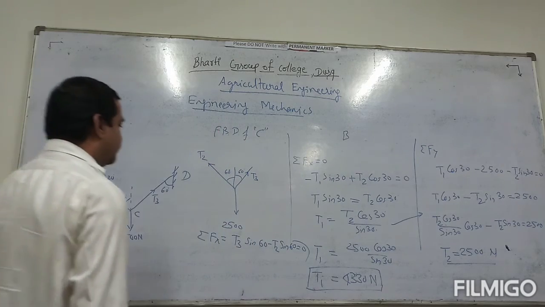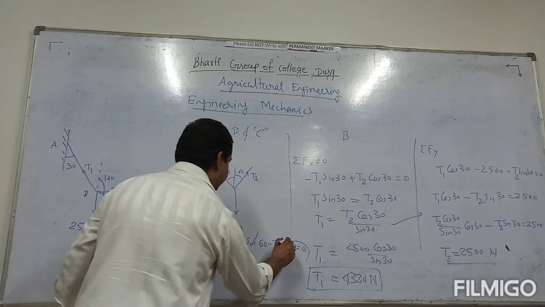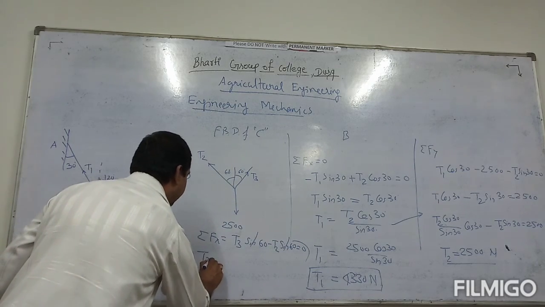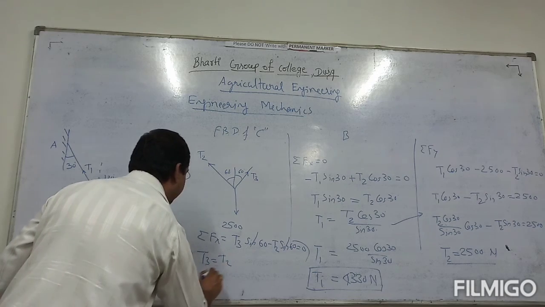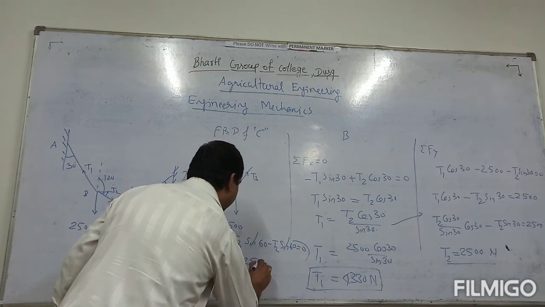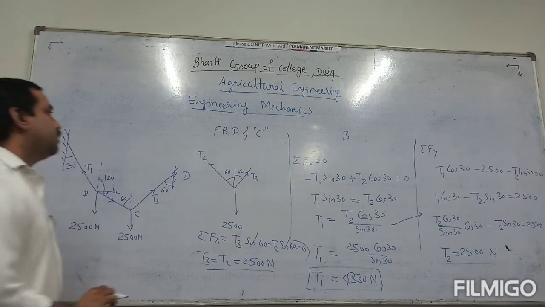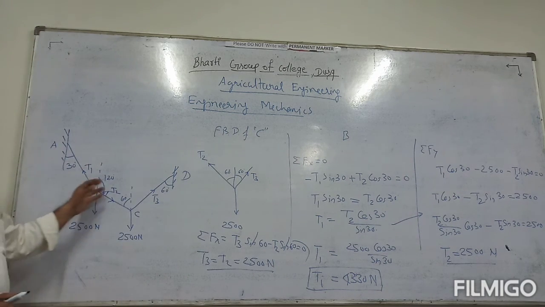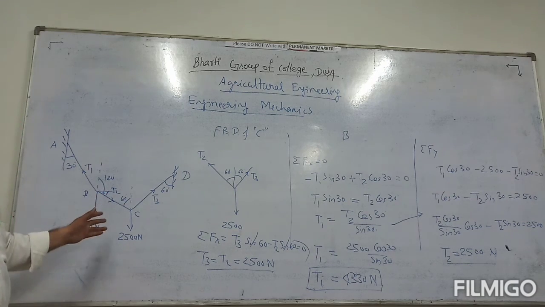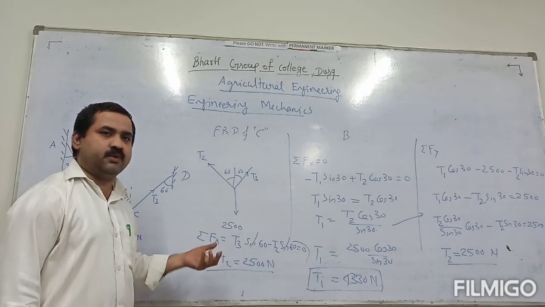And here by cancelling sin 60 on both sides, T3 equal to T2, that comes 2500 newtons. So this type of solving is very easy. You have to practice more and more in this type of questions.